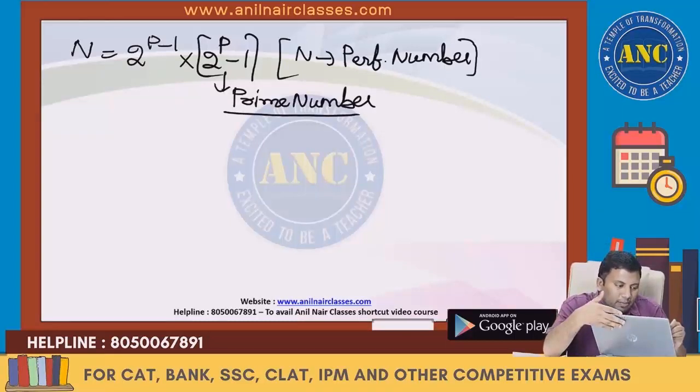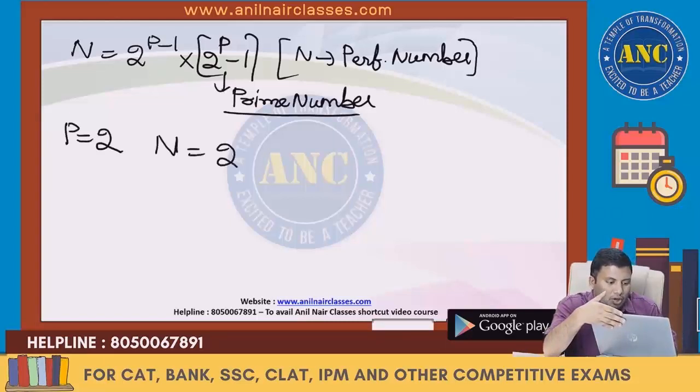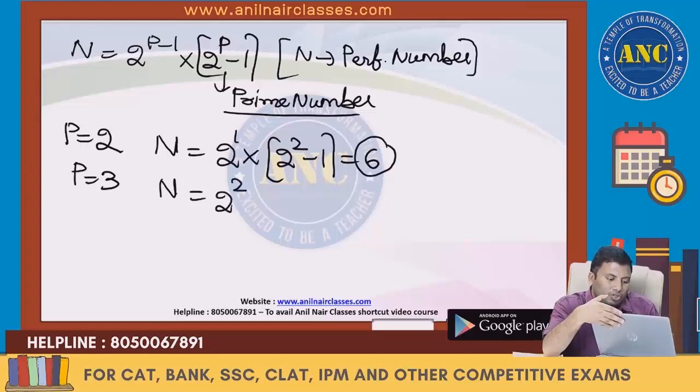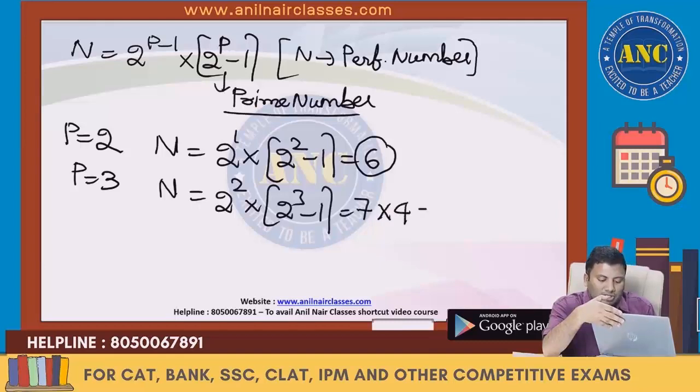Take an example. If p is 2, this will become n equal to 2 power 1 into 2 square minus 1. 3 2s are 6. If p is 3, this will become 2 square into 2 cube minus 1. 8 minus 1 is 7. 7 4s are 28.